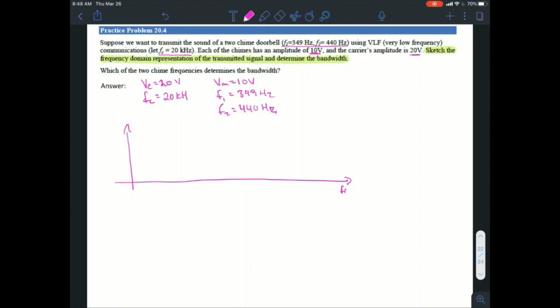So I'm going to label frequency, in kilohertz because I have that 20 there, and I need to figure out first where the carrier frequency is. Let's just put it right there. So that's 20, and we're going to give this a height of 20 and plot that like so. Now I need to figure out those sidebands.